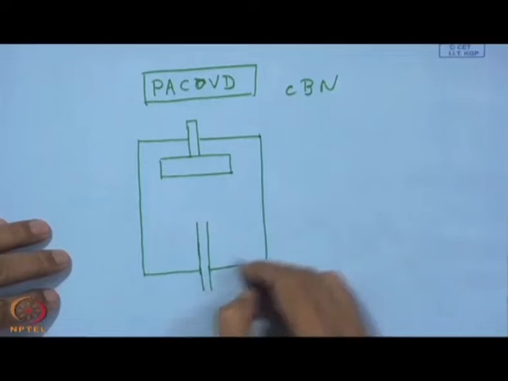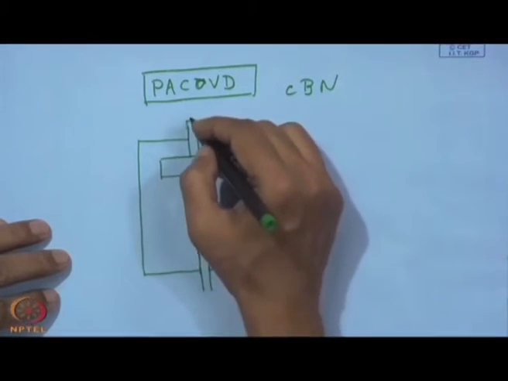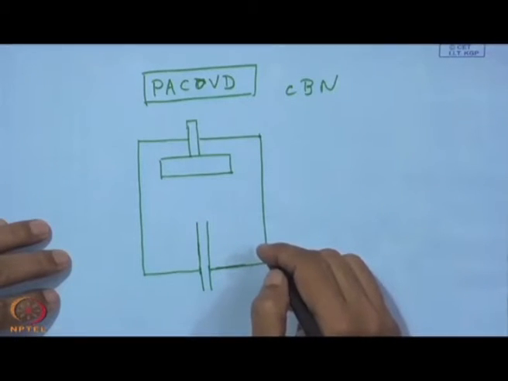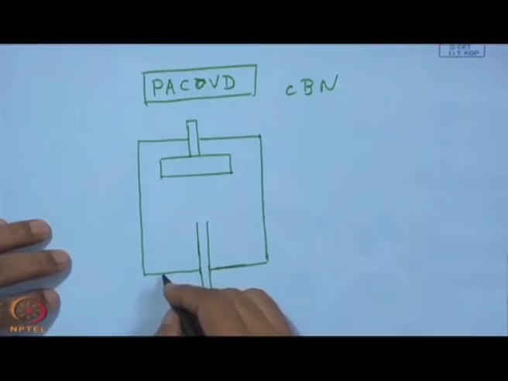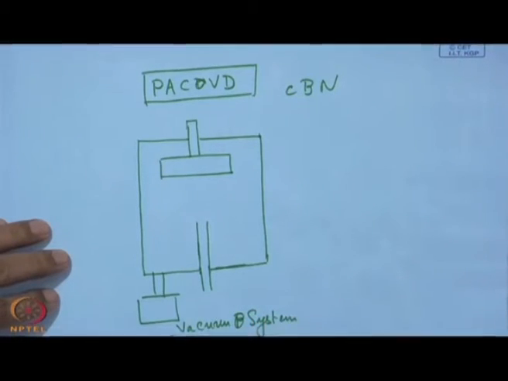We have biasing wherever it is necessary, plus a vacuum pumping system on this side. Those are the peripheral elements of this system, the peripheral support.